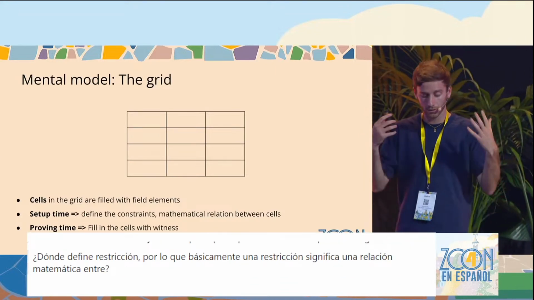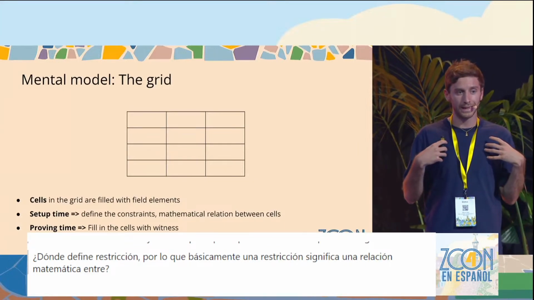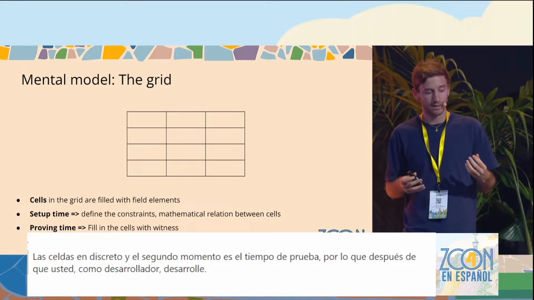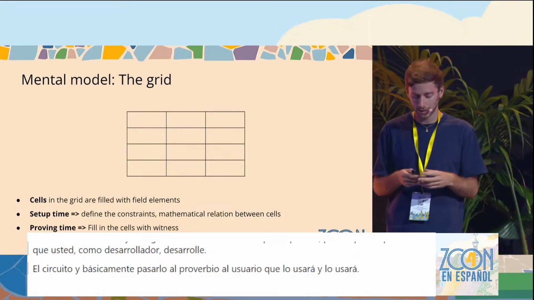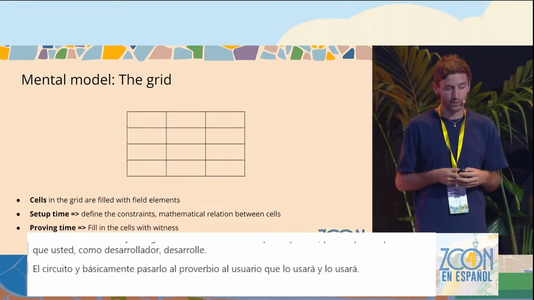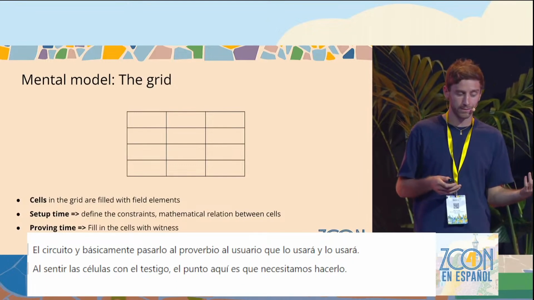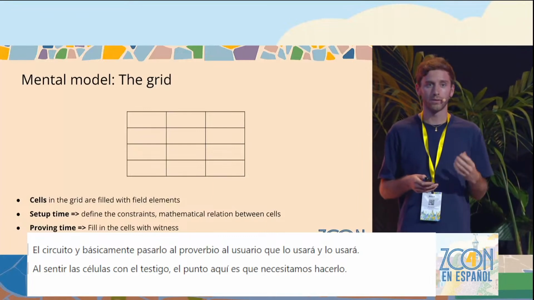After you, as a developer, develop the circuit, you pass it to the prover, the user that will use it by filling the cells with the witness. The point here is that we need to define constraints such that the prover at proving time cannot cheat, cannot do something that we don't want in our computation.